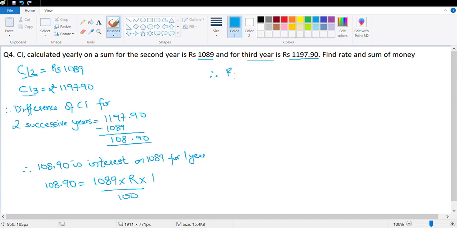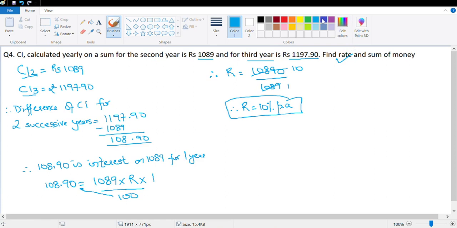Therefore, R is equal to 10890 upon 1089. I cross multiplied, so the decimal moved by 2 places. That's 1 and this is 10. Therefore, R is equal to 10% per annum.